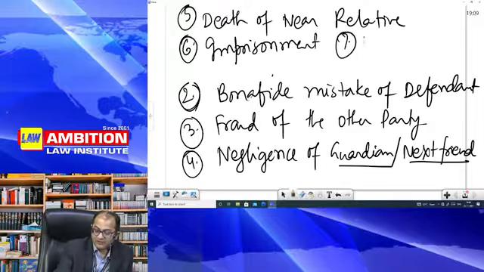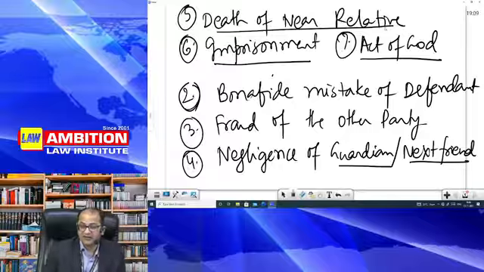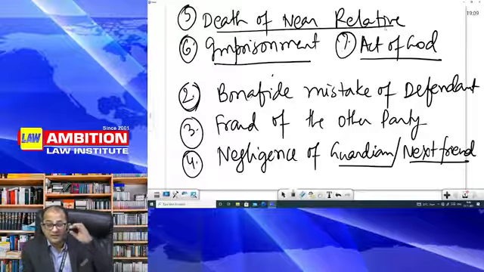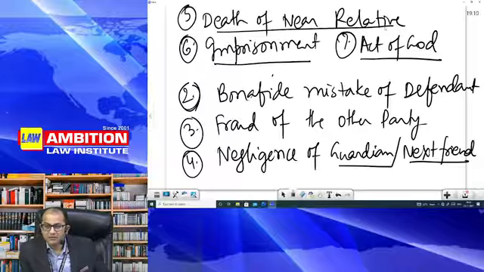Act of God. Now act of God is like what happened in Tirupati. Flash flood or something like that, landslide. You can't do anything. Lockdown. If my area is completely locked down, how can I appear in another state or in another district? We cannot. Act of God, vis major.